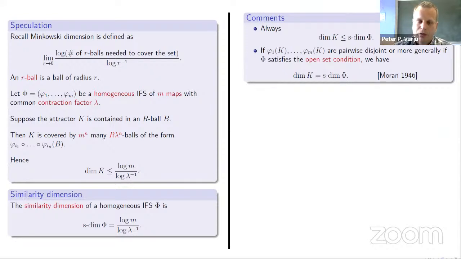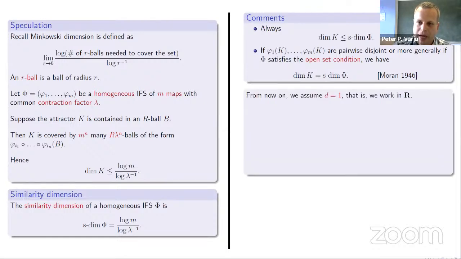If you think back about the other two examples, so say the Sierpiński triangle, then those three smaller triangles, which are the images of the original set, actually touch each other. So it's not quite true that the images are pairwise disjoint, but they are almost disjoint. The intersection is very small. And in such a scenario, the open set condition can still hold. And in fact, all of the three examples fall under this line.